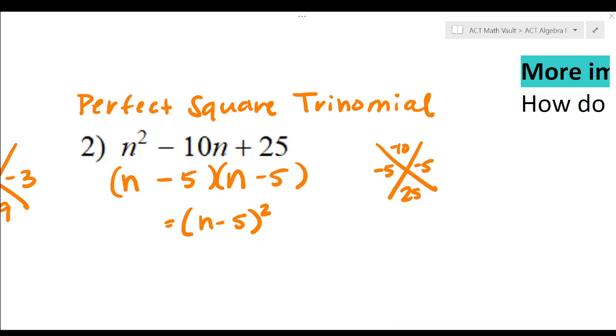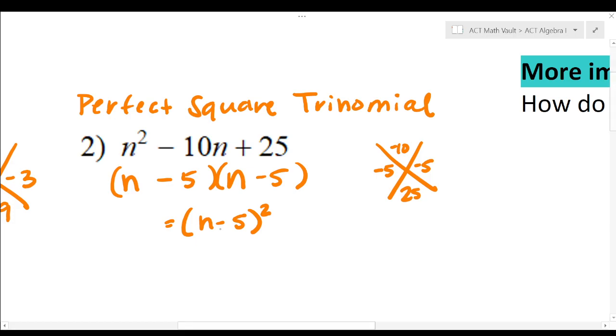Some students think that when you have this kind of going forwards, that would be just n squared minus 25, but you actually cannot distribute that 2 there. That's illegal in the algebra world, because you then would be missing out on this -10n term.